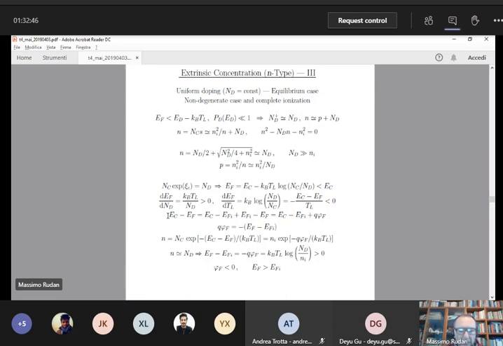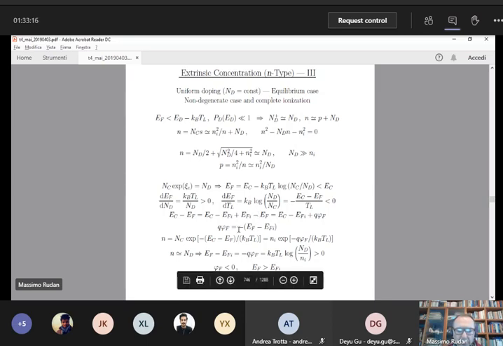You can play a little trick on this because the difference of EC minus EF can be written as EC minus the intrinsic level EFI plus EFI. Of course, you subtract and you add it again. And then you have minus E sub F, okay?